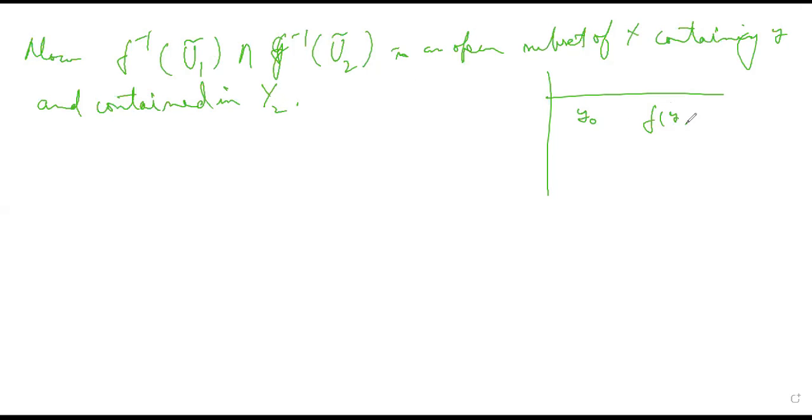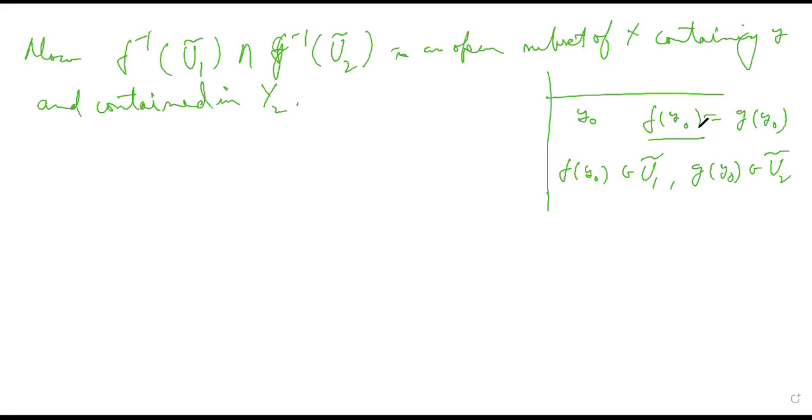It means f y naught equals g y naught. But y naught is here, so f y naught will be in u1 tilde and g y naught will be in u2 tilde.